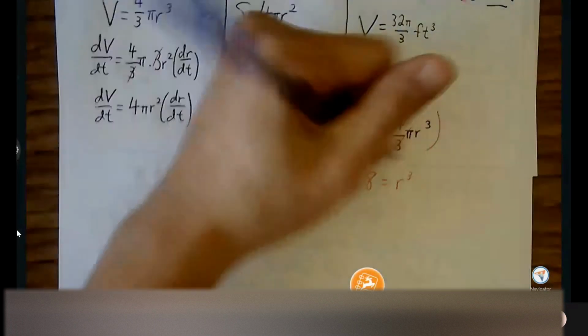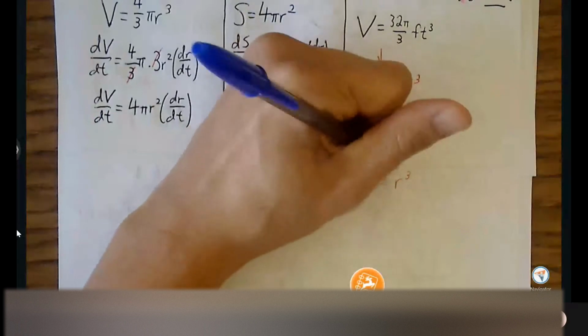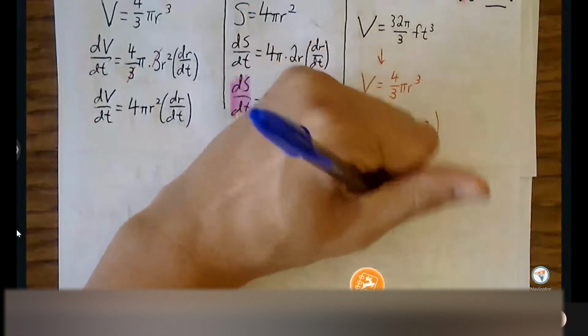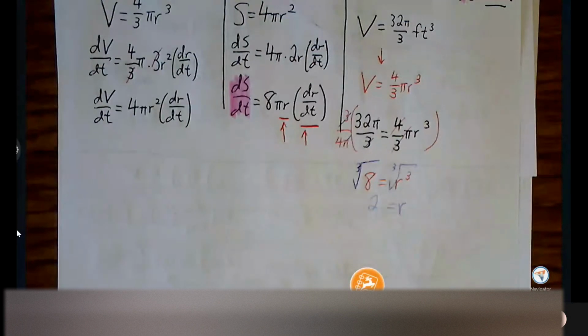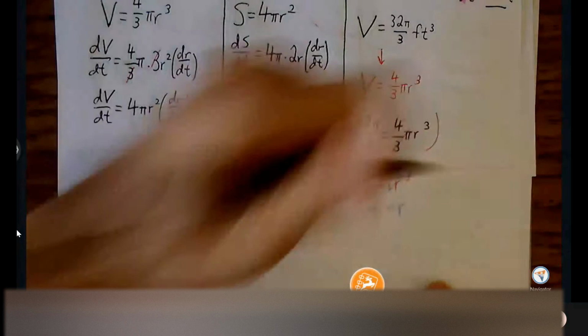Take the cube root of both sides. That will lead me to r. So that's one piece that we need.